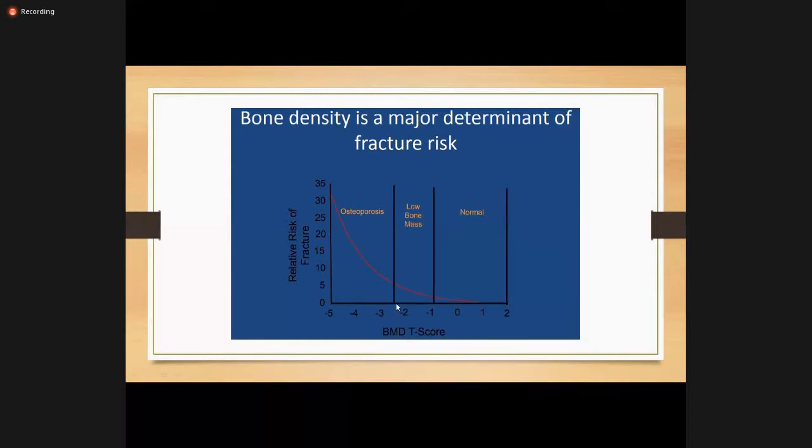And when you actually reach -2 or less than -3, -4, or -5, this is going to peak, and the risk of fractures increases many folds. So there is a linear relationship between the bone mineral density and the risk of fractures. It's directly proportional.